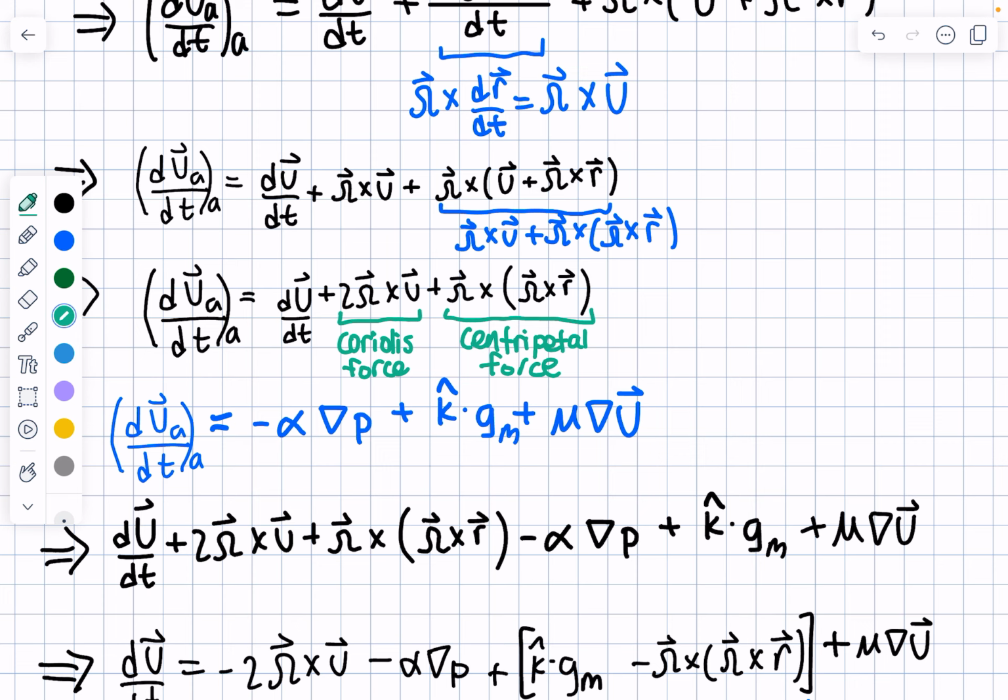So that is the centrifugal force. And the centrifugal force, let me see what the definition is.